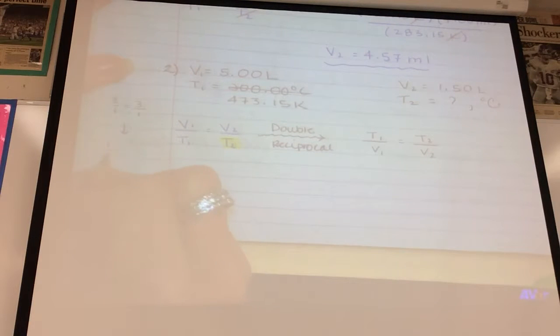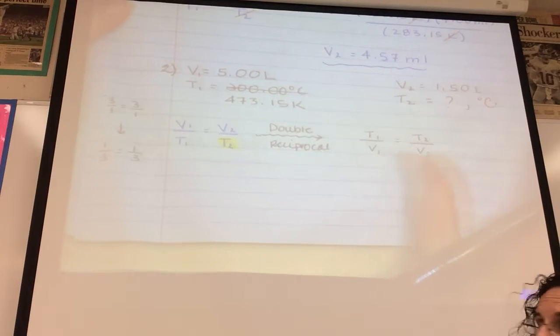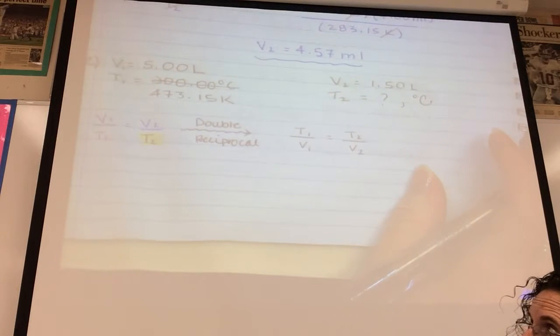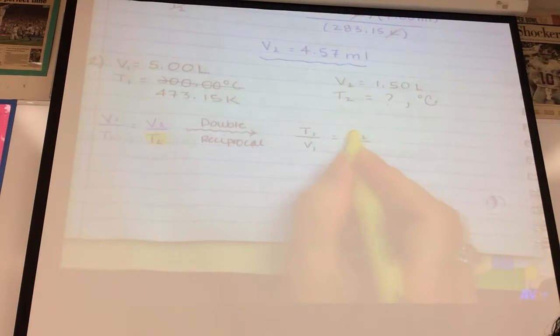If I flip them both over, is 1/3 equal to 1/3? Sure it is. I'm not saying 3 is equal to 1/3. That's why you have to flip them both. When you flip them both over, now what you're solving for is in the numerator, which you always want.